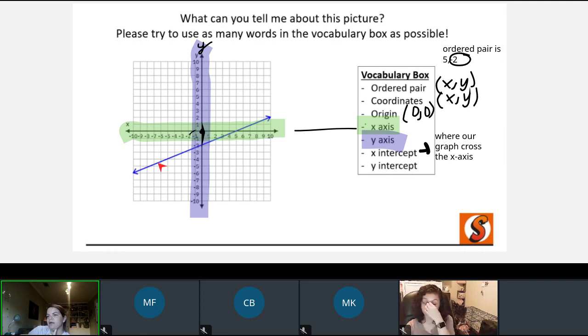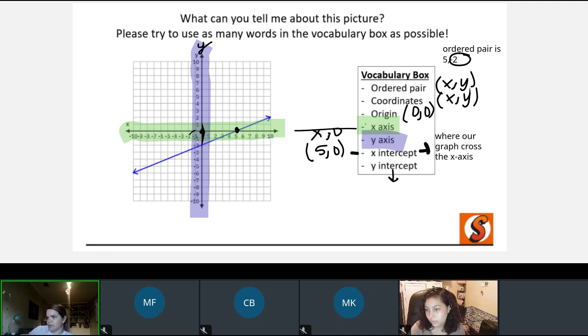I'm going to follow my line until I get to the x-axis and cross it, which would be at this point right here. So the x-intercept, if I wrote it out, would be 5, 0, which makes sense, because if it's crossing the x-axis, that means the y value has to be 0. So for an x-intercept, we're going to have a number for x and always 0 for y.